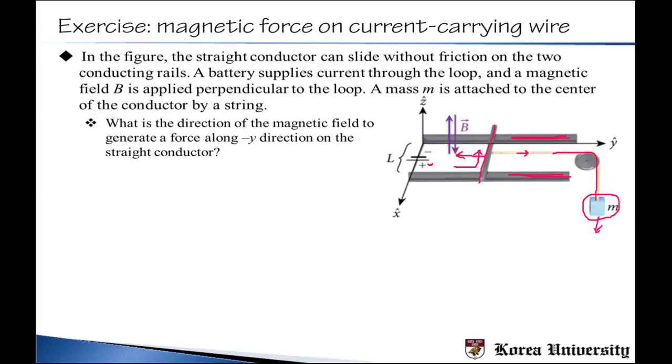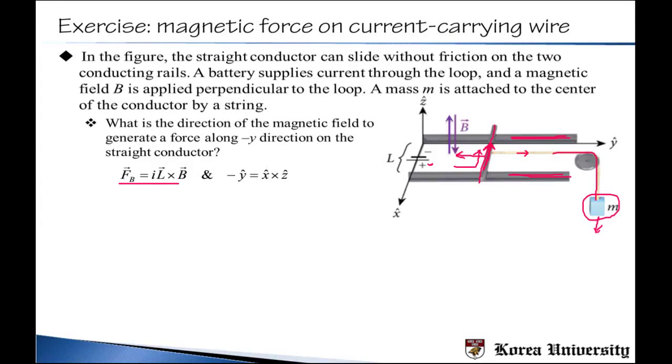So what do we need? Try to remember, we have learned that the magnetic force acting on a current carrying wire is I multiplied by L vector cross B vector, and L vector is the length of the wire or the conducting bar, anywhere the current is flowing. So in this case, we can see that this direction is the vector L. Vector L is now going toward the minus x direction, right?